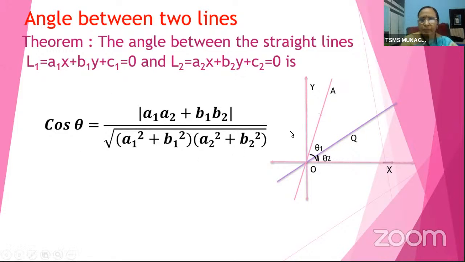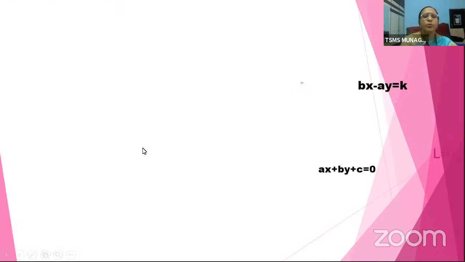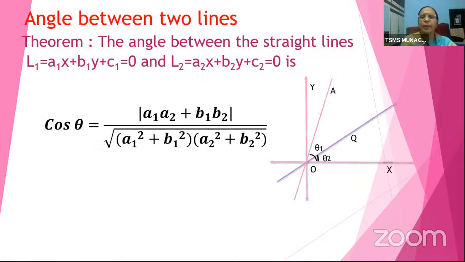So dear children, please remember this formula throughout this session: cos theta is A1 A2 plus B1 B2 by root of A1 square plus B1 square into A2 square plus B2 square. Now we are not going to deal with the proof of this because it is a basic understood thing. And now how are we going to apply this for perpendicular lines and parallel lines?